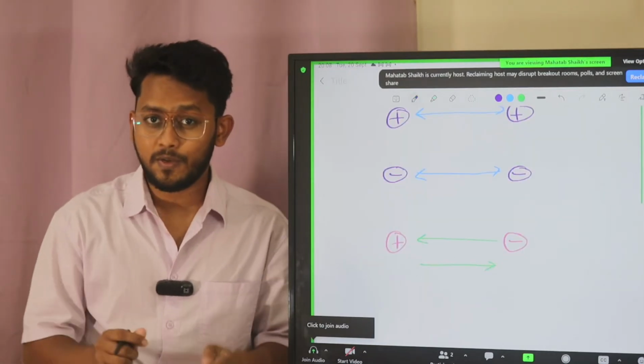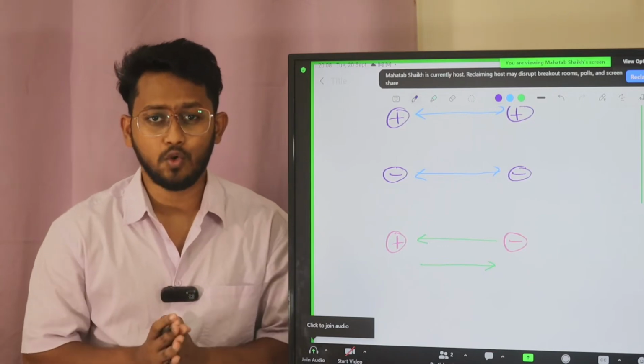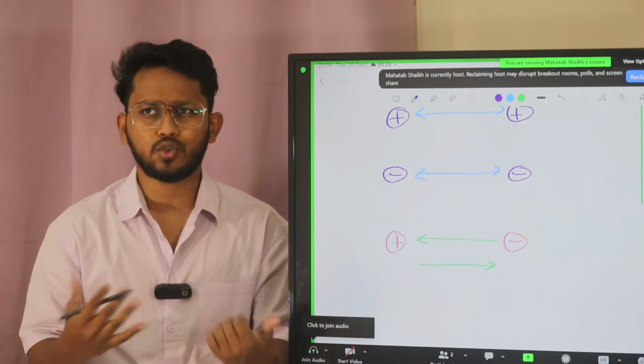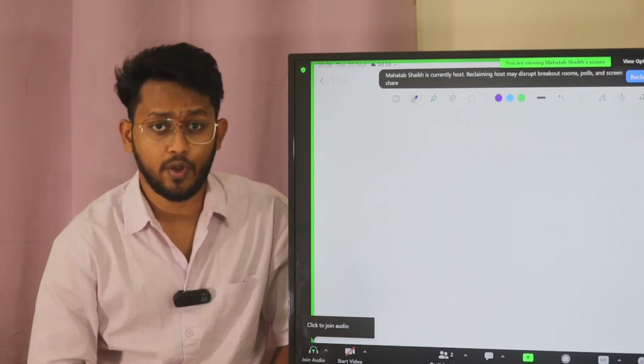We know that there will be a force of either attraction or repulsion, but what value will this force possess? How strong will this force be? This is discussed with the help of Coulomb's law.